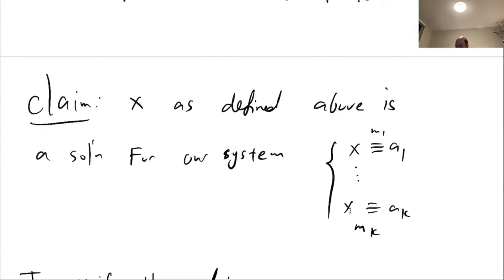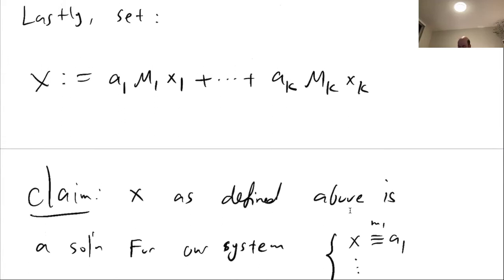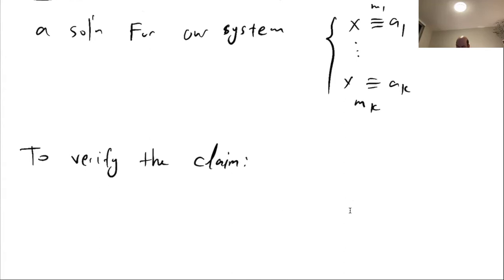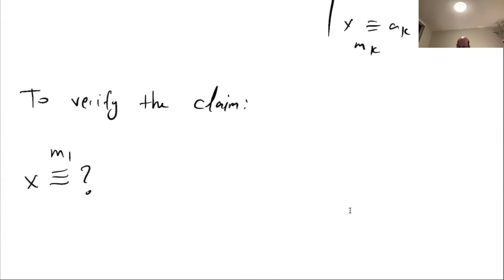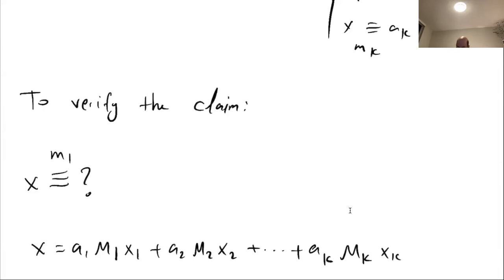how much is X mod M1? So X mod M1, we want to know what the answer is. What is X? X is A1 M1 X1 plus A2 M2 X2 all the way to AK MK XK.